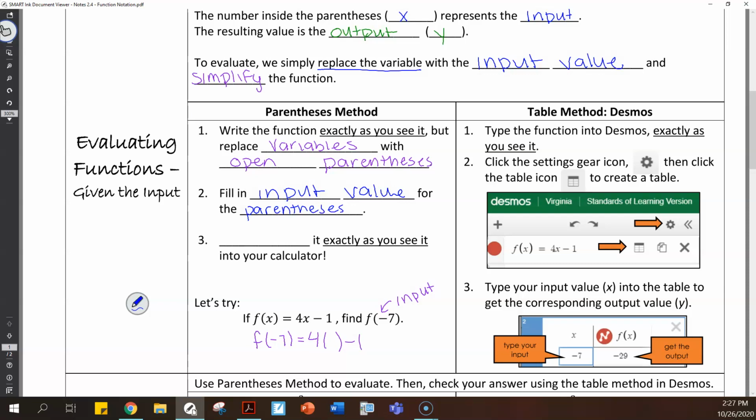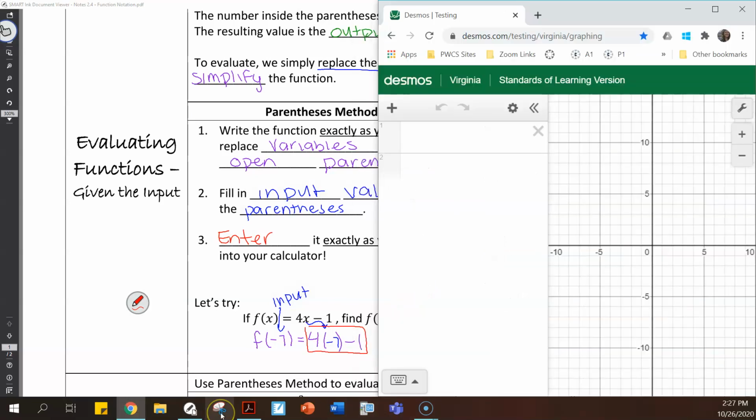So in this case, they gave me the input value of negative 7. So anywhere I had an x, I'm going to replace that with negative 7. Then I'm just going to enter this exactly the way I see it into Desmos or into my calculator. In my case, I'm going to use Desmos, but you can also use a calculator.